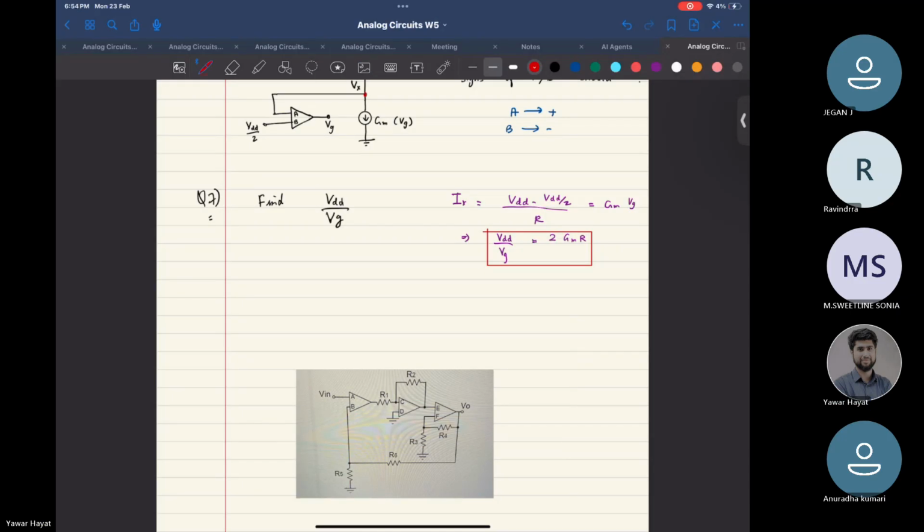And what do you need to find? I want you to find the signs of these A, B, C, D, E, F. You need to find all these signs for the negative feedback in the op amp. So what should be the signs?